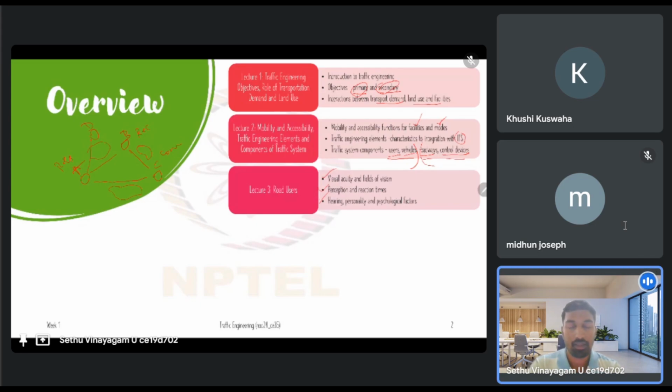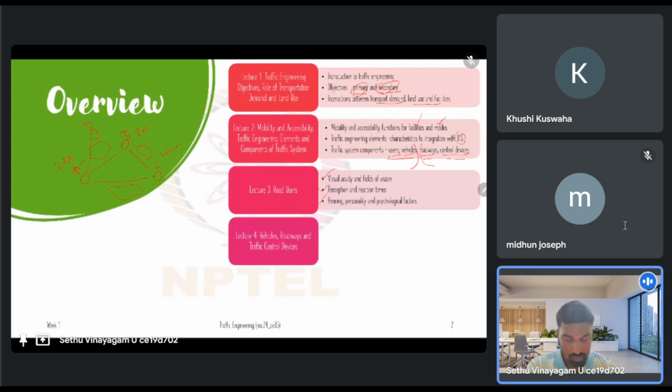Because all these characteristics vary across the different users, right? One person's visual acuity will not be the same as another person's. One person's reaction time will not be the same as another person's, and there are a lot of factors that will affect this. So we will see a wide range of variation in the characteristics across different users. How do we take these into account to design our transportation system? That's what we looked at in the third lecture.